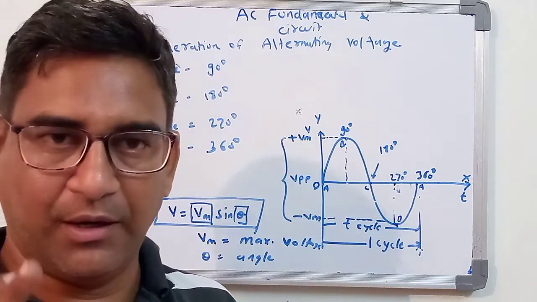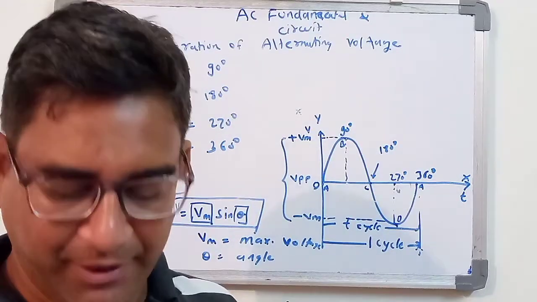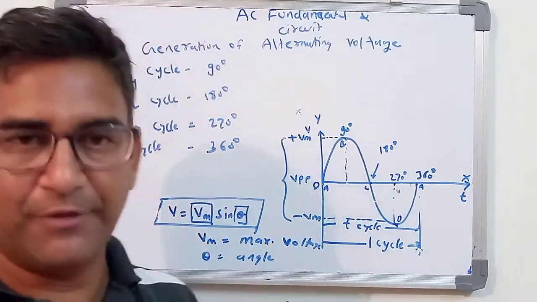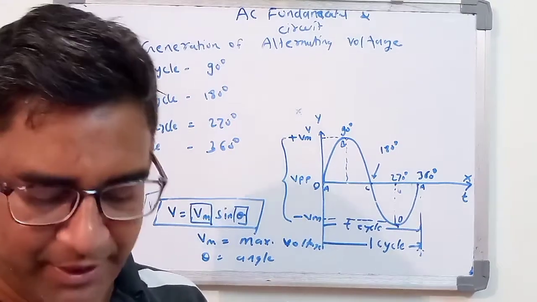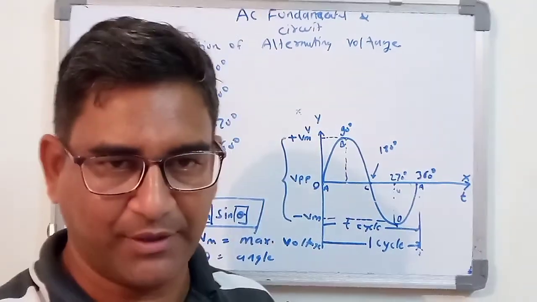But in the radian, it measures the specific unit angle, and that unit angle is called a radian. One radian value is 57.3 degree.